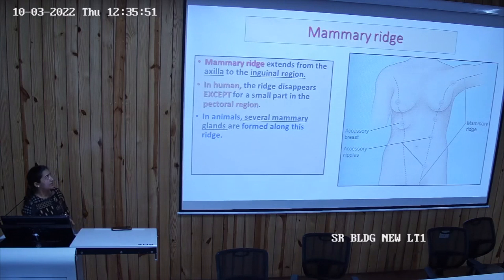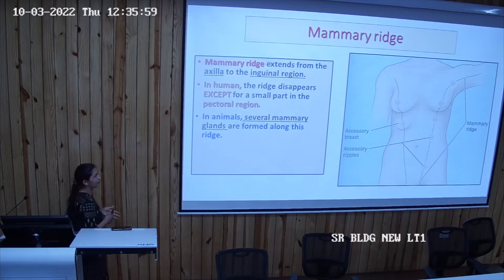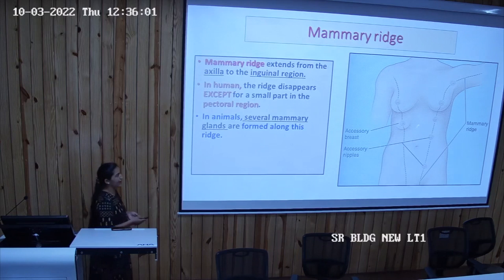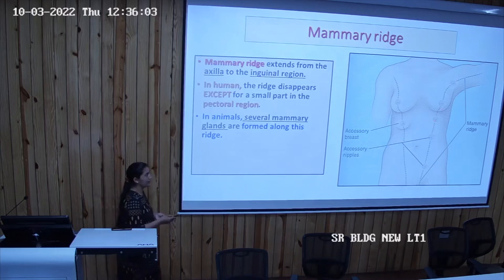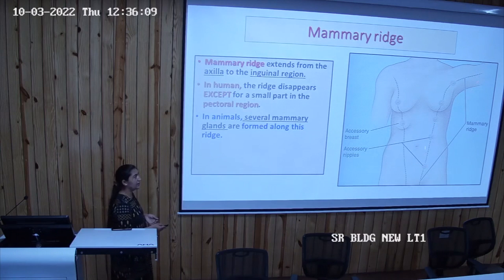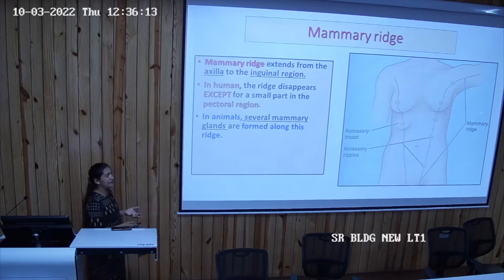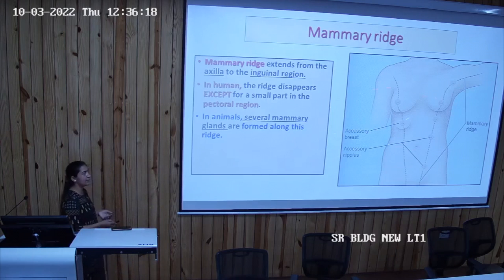Now the other clinical pictures of the mammary gland: how the mammary gland develops during intrauterine life. During intrauterine life, there is a mammary gland line from the axilla to the groin. This is present in the early phase of intrauterine life, but with time in humans it remains only in the pectoral region.